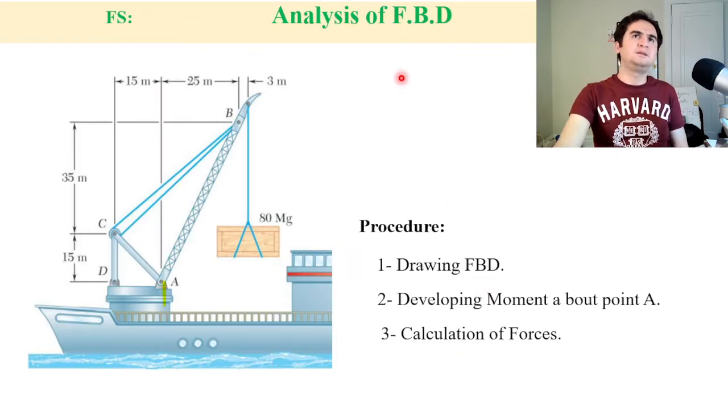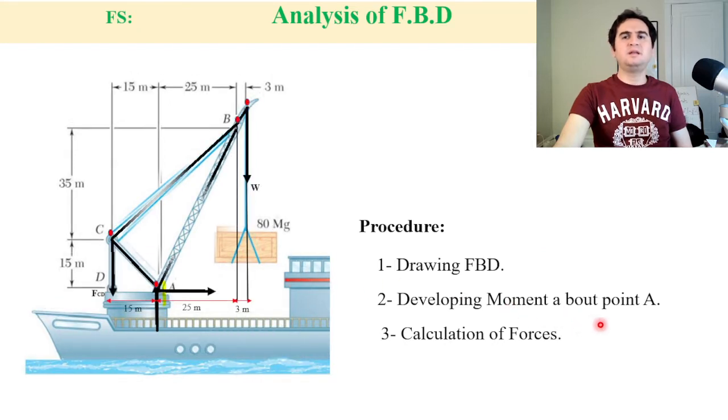To approach the analysis of a free body diagram, we need three stages to solve the problem. The very first is drawing an accurate free body diagram, then developing moment about any arbitrary point.